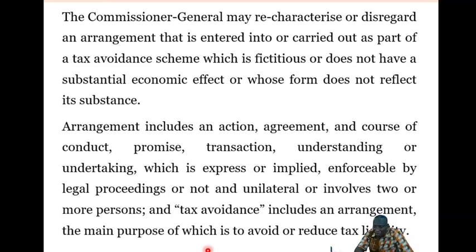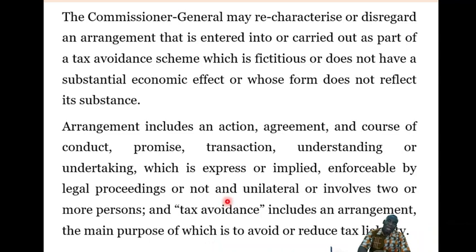The general anti-avoidance rule. You see, when we started, we said that the anti-avoidance provisions were enacted in the law to handle specific cases of tax avoidance or general cases of what? Tax avoidance.